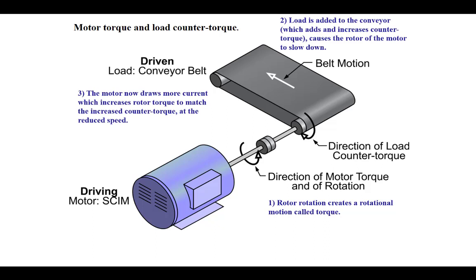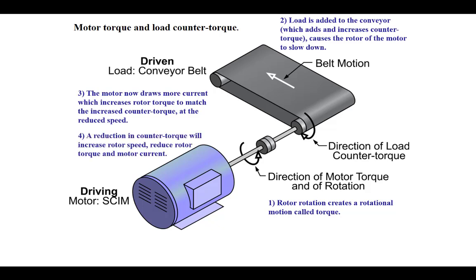Once you've added load and the motor has slowed down, it will draw more current to provide more torque to turn the bigger load that you have added at a slower speed. If we were to add more load, the motor would slow down some more to produce more torque to overcome the extra load or counter torque that's been added.